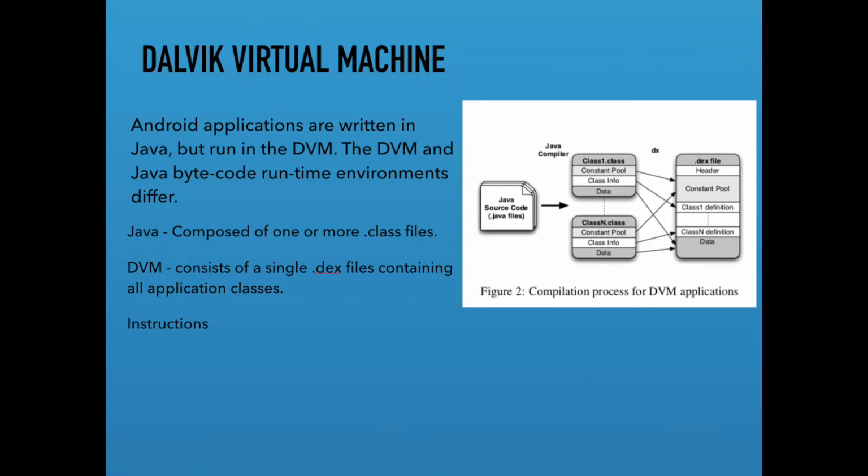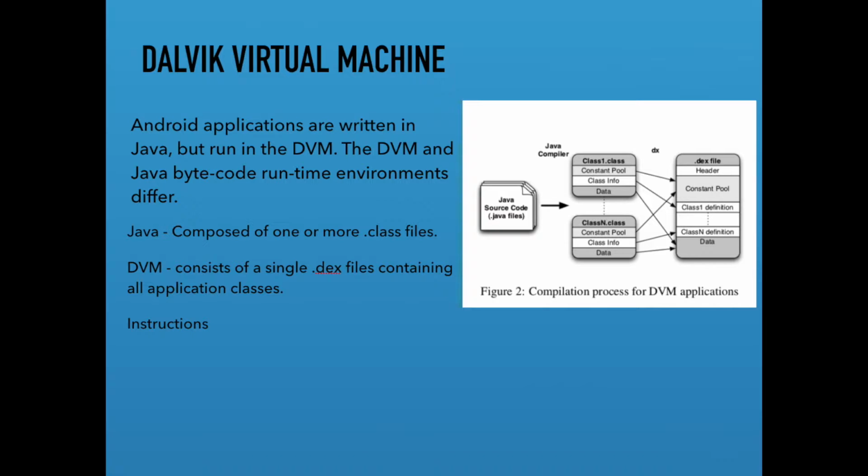The Dalvik virtual machine. Android applications are written in Java but run in the DVM. The DVM and Java bytecode runtime environments differ. The JVM loads the bytecode for a Java class from the associated class file as it is referred to at runtime. However, the Dalvik application consists of only a single DEX file, which contains all the application classes.